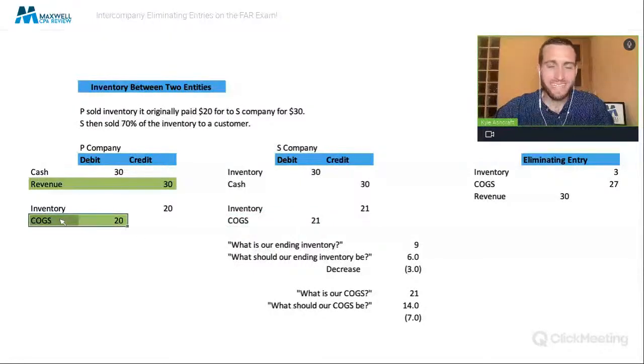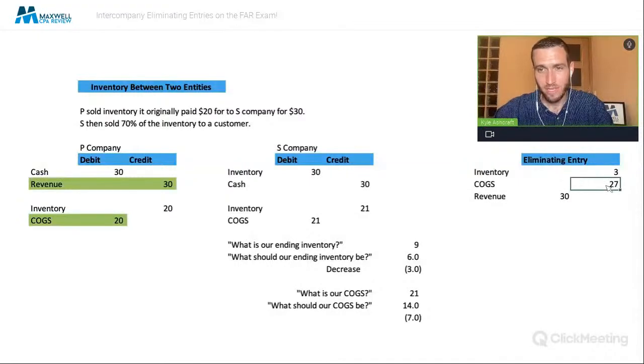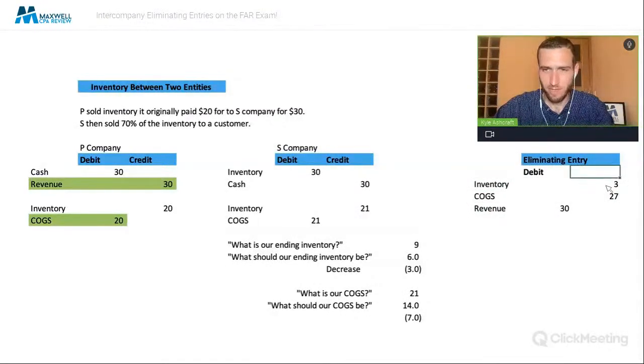So in other words, we are decreasing cost of goods sold by the 20 here, and we're doing the $7 adjustment because we shouldn't have done this for 21. It should have been for 14. That's why over here, cost of goods sold is going to be 27. We are crediting it because it was initially debited.